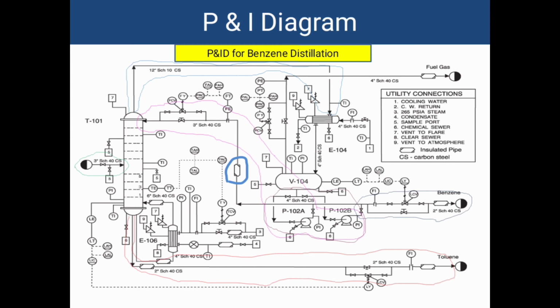This line shows a 3-inch schedule 40 carbon steel pipeline. This symbol shows the insulation; this line is an insulated pipeline. So in this diagram, 7 different streams of pipelines connect the 4 primary vessels.